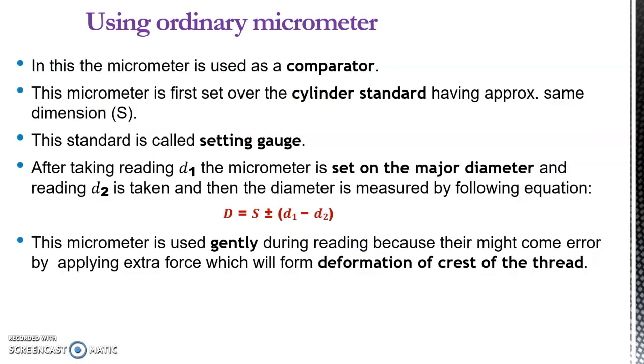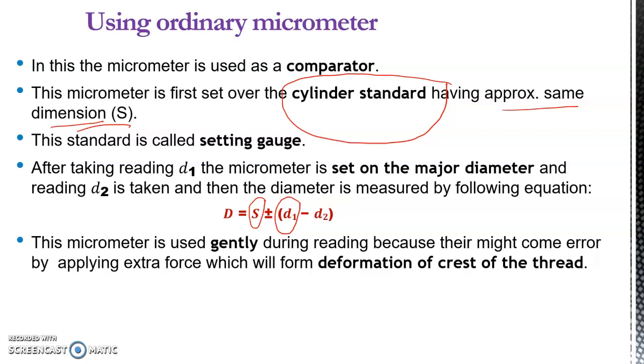For the external diameter measurement using ordinary micrometer, we follow this procedure. First we will choose a standard cylinder. This is a highly precisely made cylinder, first selected, and it will have approximately the same dimension as that of the thread to be checked, and that is known as S. Then we measure the diameter of the cylinder using our micrometer, and that is recorded as D1.